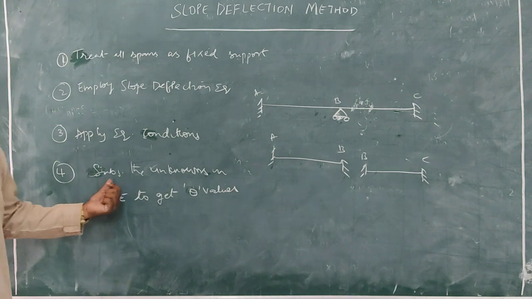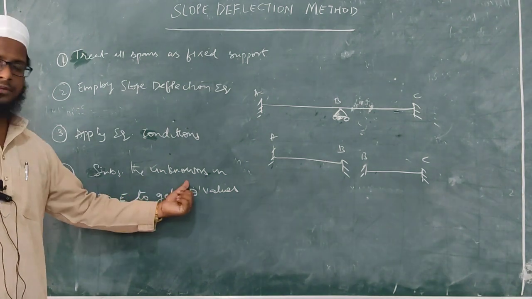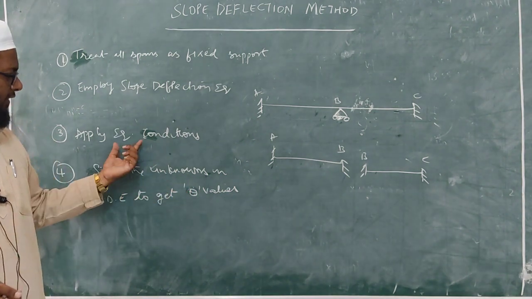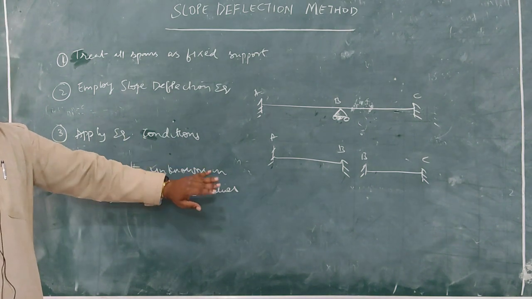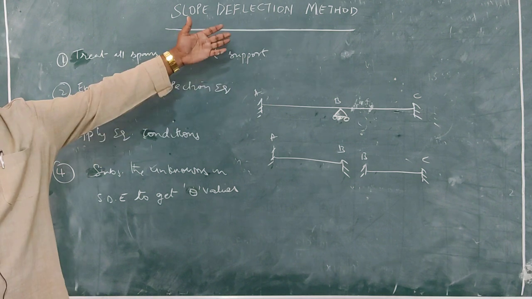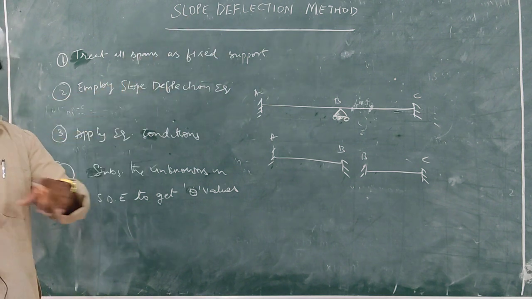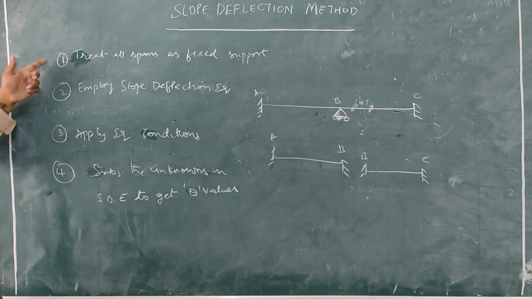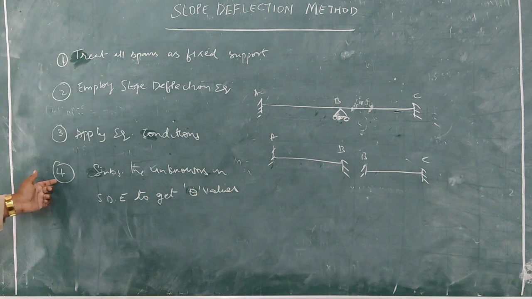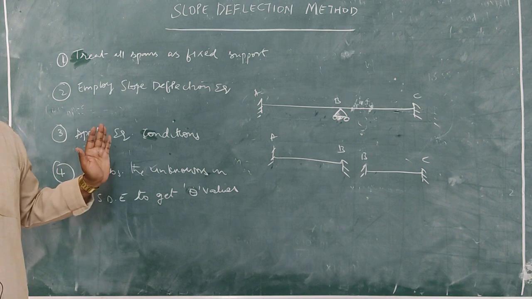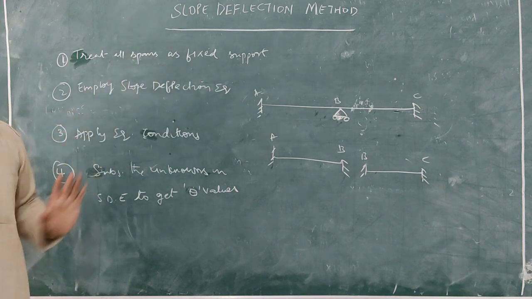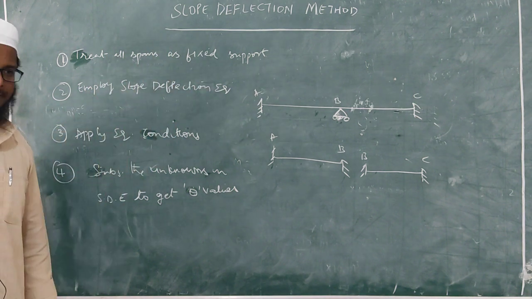When we go for the equilibrium equations, we'll get some unknowns. So apply those unknowns in that particular equation, and you will get the values of all the reactions. So these are the four steps, 1, 2, 3, 4, with the help of which we can calculate all the unknowns of the given beam. Okay, you can copy down this one. Pause it.